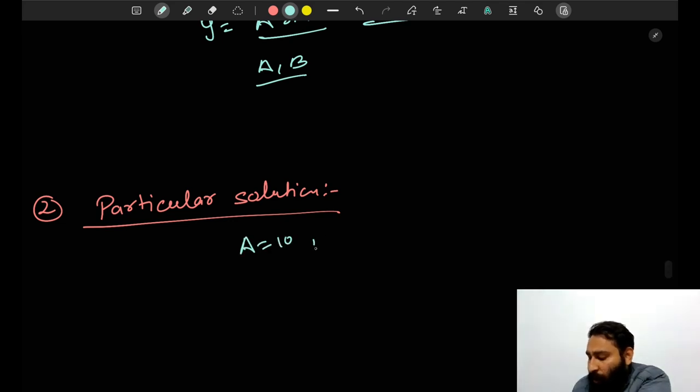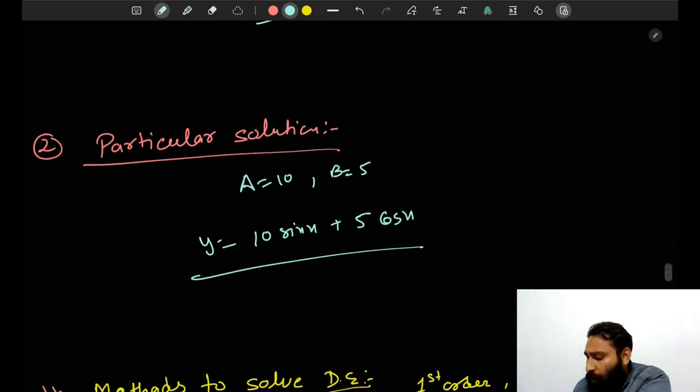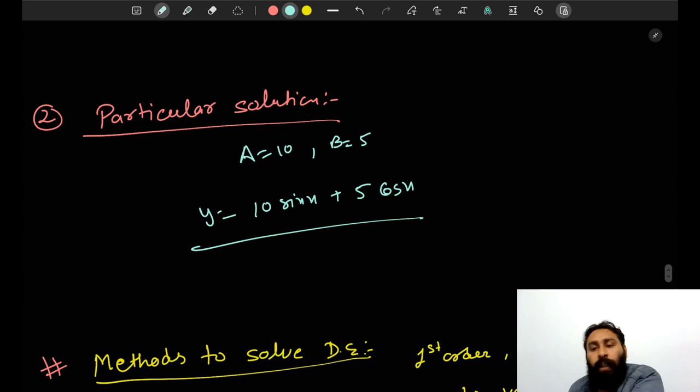Suppose we get a is equal to 10 and b is equal to 5. Then we say y is equal to 10 sin x plus 5 cos x. So this is the particular solution of the given differential equation. These values are obtained from the condition given in the question.